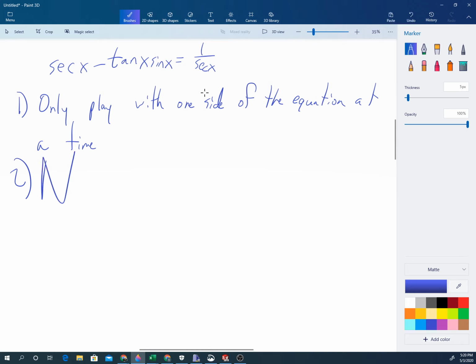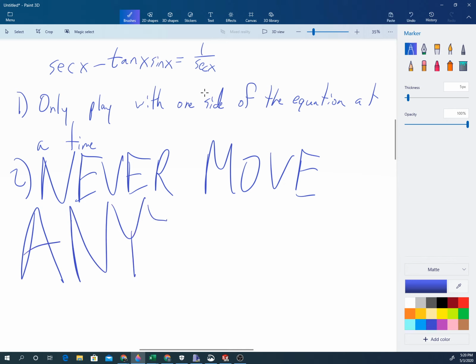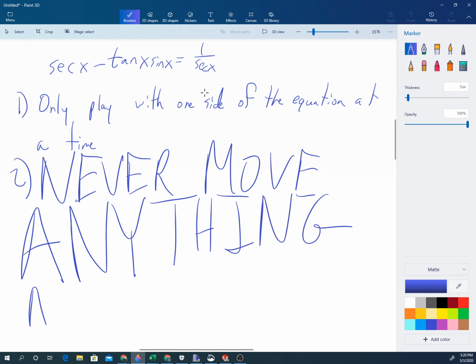You never move anything across the equal sign.